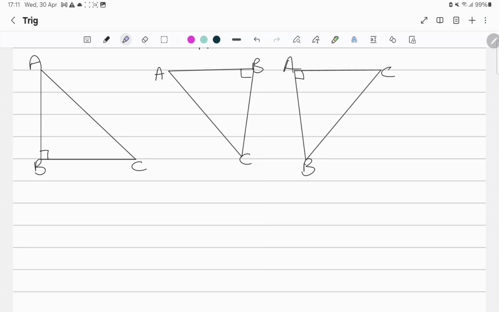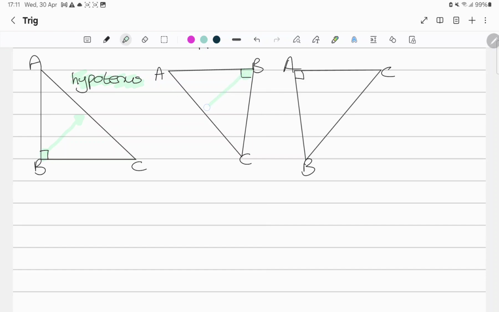Alright, let's quickly see if you did it correctly. In triangle 1, there is my 90-degree angle. If I draw a straight line to the opposite side, I see AC, it's going to be my hypotenuse. So line AC is my hypotenuse. In triangle number 2, there is my 90 degrees.